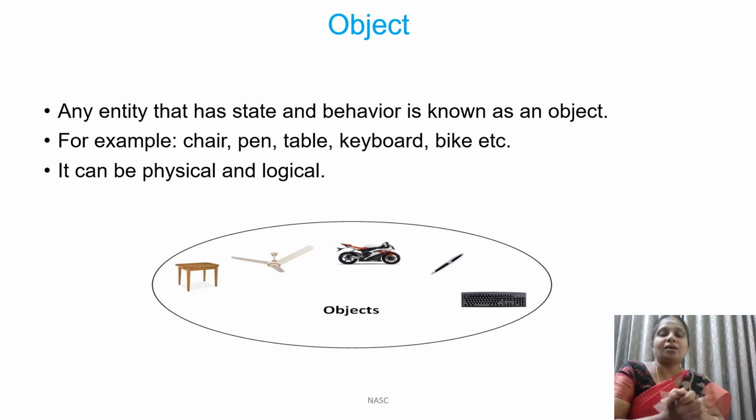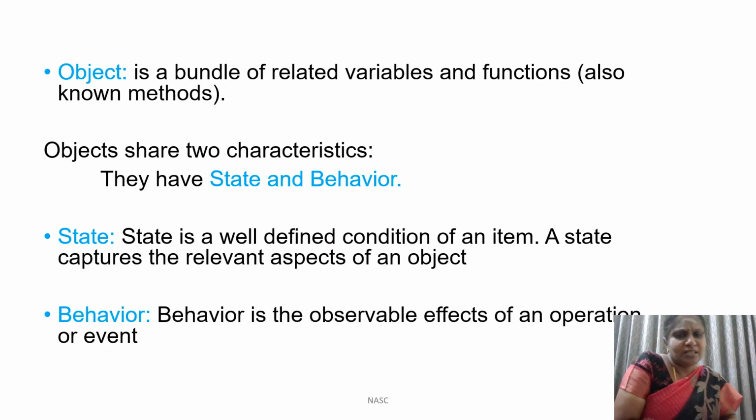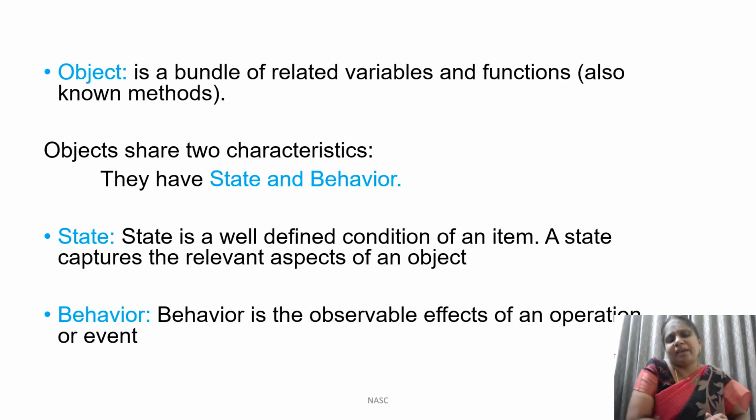Basically, the object can be categorized into physical and logical. What is physical? We can touch and feel. But what is logical? We can look and feel. So technically speaking, object is a bundle of related variables and functions.